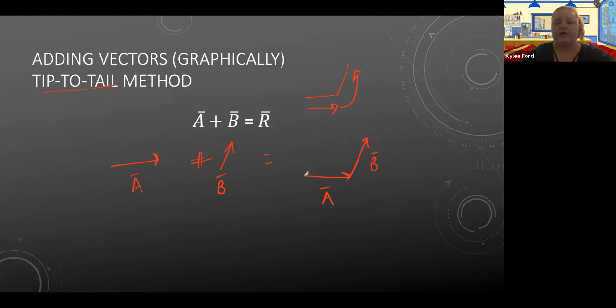Now I will go from this tail to this tip and connect them. Whoops, that was kind of a poor job there, but you get the gist. I go from this tail to this tip, make a straight line, and that will be my resultant vector. So now that's my R. This is how you add vectors graphically.